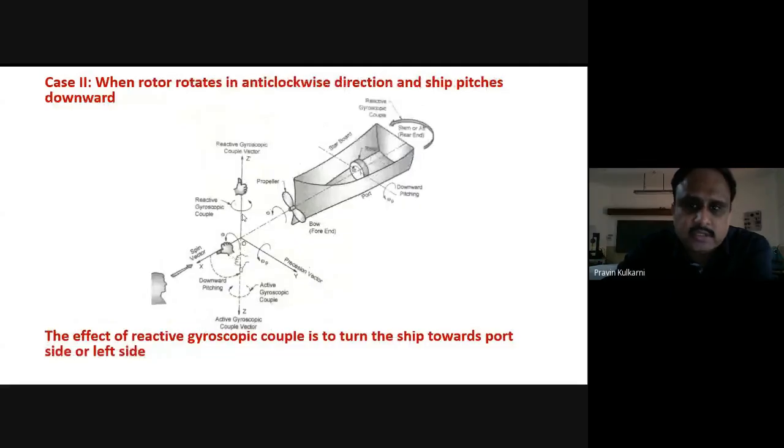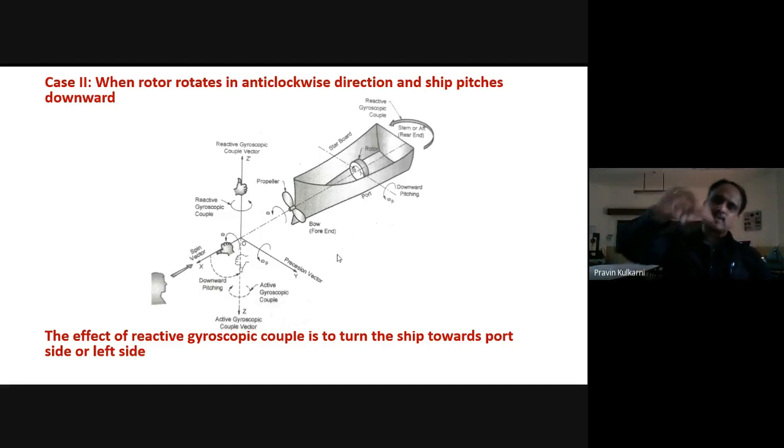Similarly, in the second case, ship pitches downwards, so this is downwards. For clockwise rotation also, in the same manner, that is in anti-clockwise direction, should your thumb be moving. So let's deal with this case first. Rotor rotates anti-clockwise, ship pitches downwards.